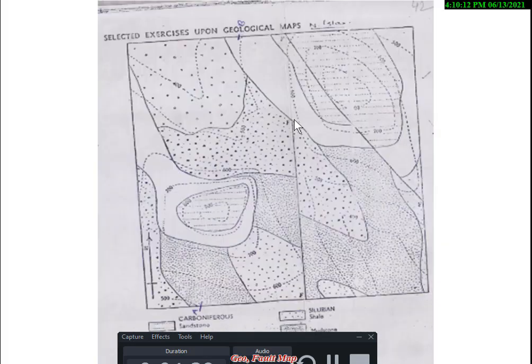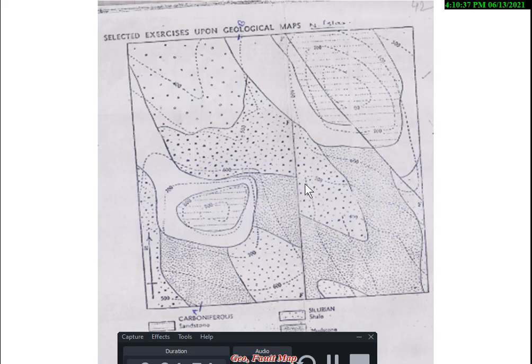Now see here, this is a line and this is another line. Here F and here also F. F means fault, and you can easily find that this line suddenly disappears and appears here. It looks like a slip. Some slips you can easily identify with your naked eye, and also these beds disappear here.